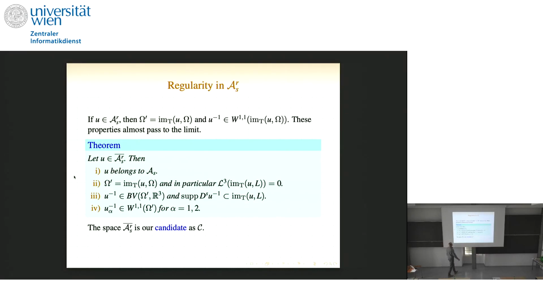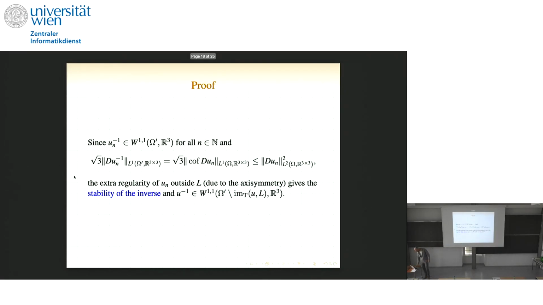Now, what we know is that in the limit, the inverse is BV. And why is it in BV? Well, this is very easy to show. We know that in the original space, the inverse is Sobolev. Of course, we can control with the gradient, we control the cofactor, then we pass to the deformable configuration.